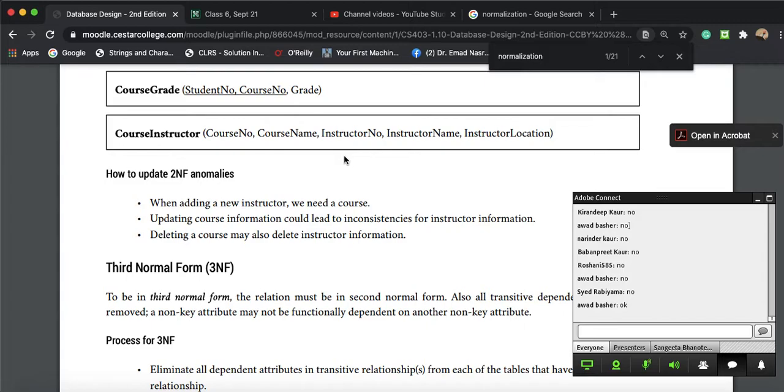So, in another way, a non-key attribute depends on another non-key attribute. When you have such a case, it's not in the third normal form. What can we do? Split.